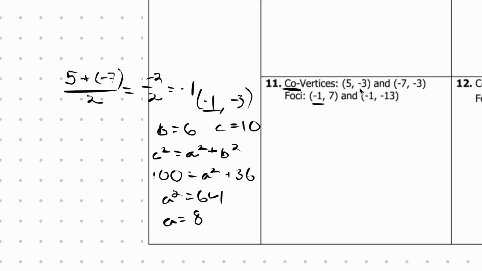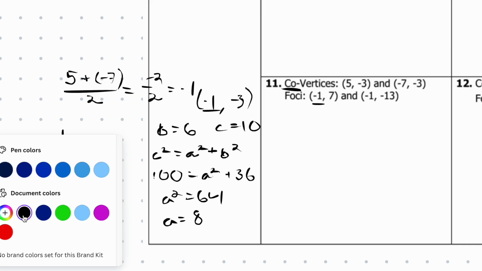Now here, what I would do if we just visualize this, our center is -1, -3, so something there. Then our co-vertices are going to be 5, -3, so maybe something here, -7, -3, so maybe something there. And then our foci, I'm just going to do a different color.